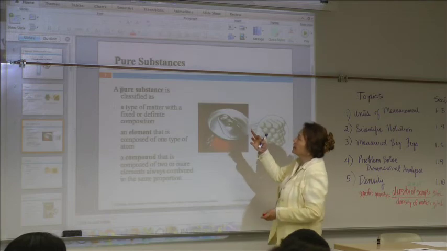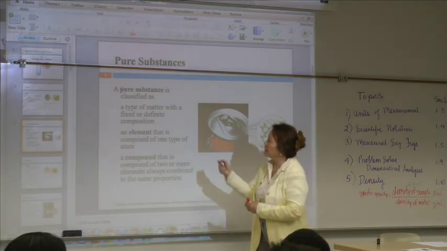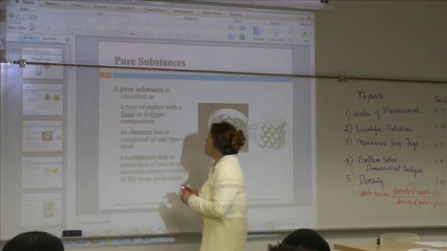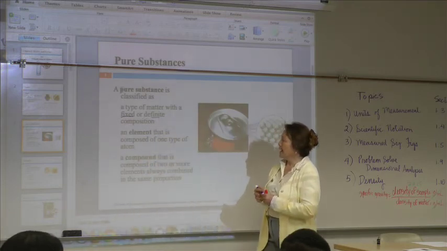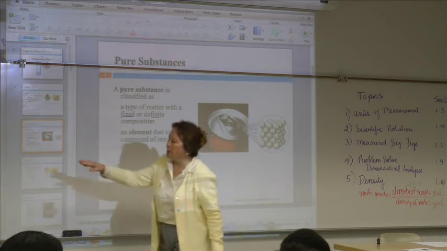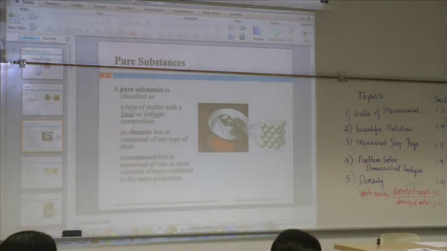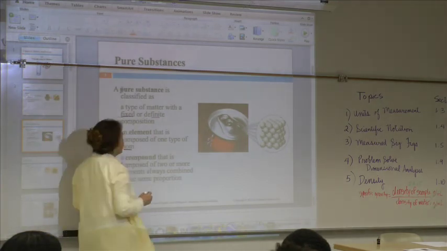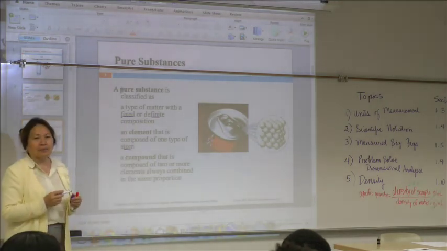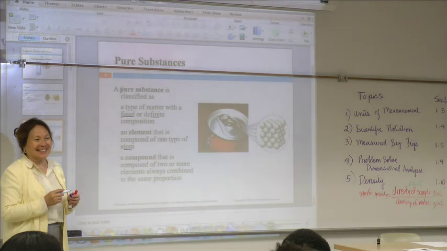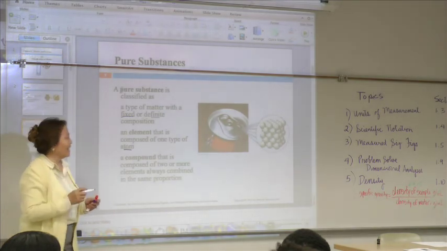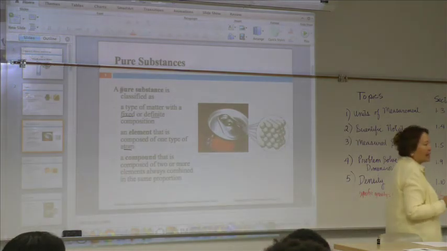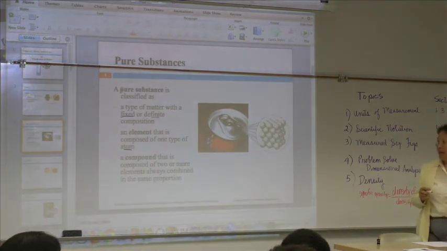So a pure substance is classified as matter that has a fixed or a definite composition. And an element is one that is composed of only one type of atom. But do we know the definitions of what is an atom? What is an element? Take a look at your glossary, right? So what's the definition of an atom and what's the definition of an element?